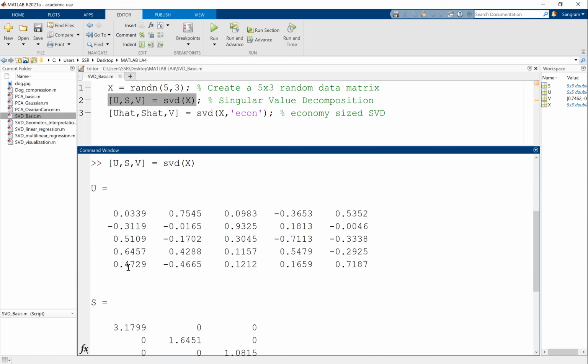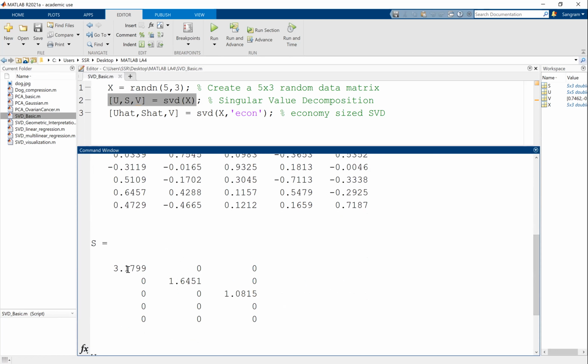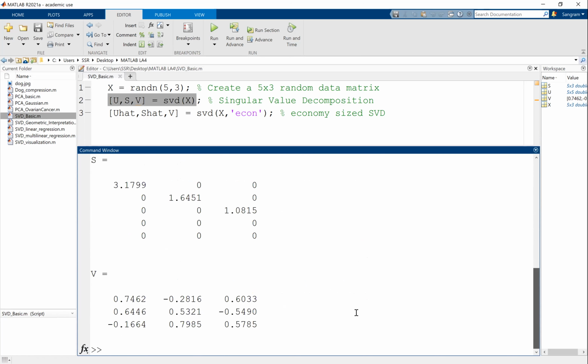S has 5 rows, 3 columns, and V has 3 rows and 3 columns. Does everyone understand this? Yeah.